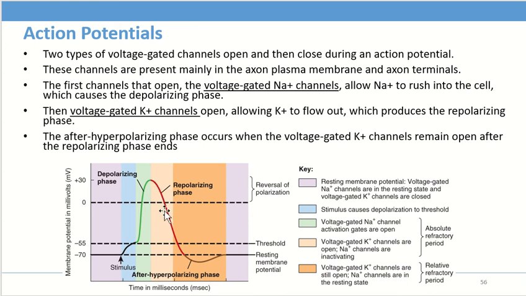So positively charged potassium ions are flowing out of the cell, so the inside of the cell is becoming less positive, i.e. more negative, and we're having our repolarizing phase here. The after hyperpolarizing phase that can sometimes occur is going to happen when the voltage-gated potassium channels remain open after that repolarizing phase has ended, and it's going to lead to a hyperpolarizing potential here, where it's more negative, right?